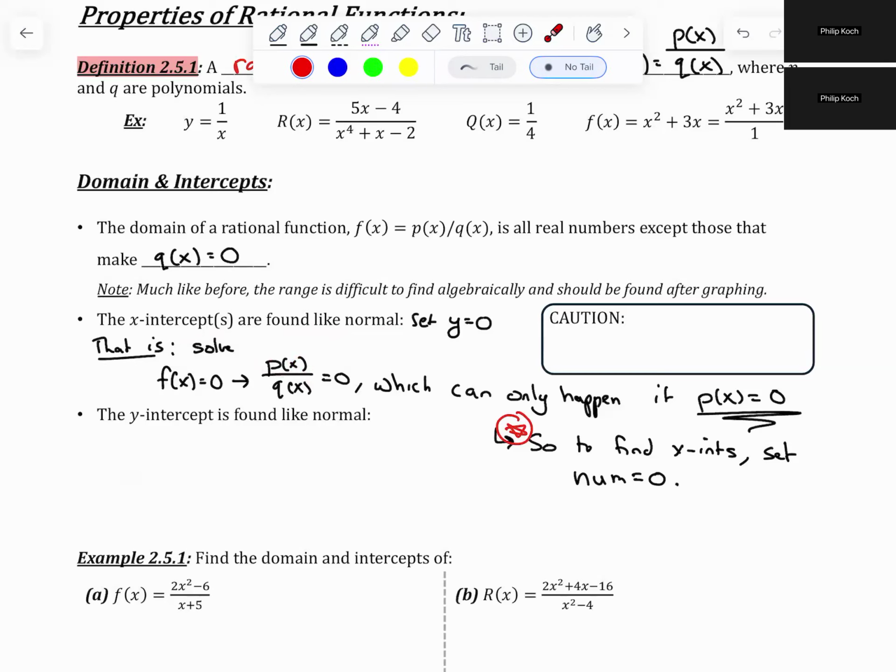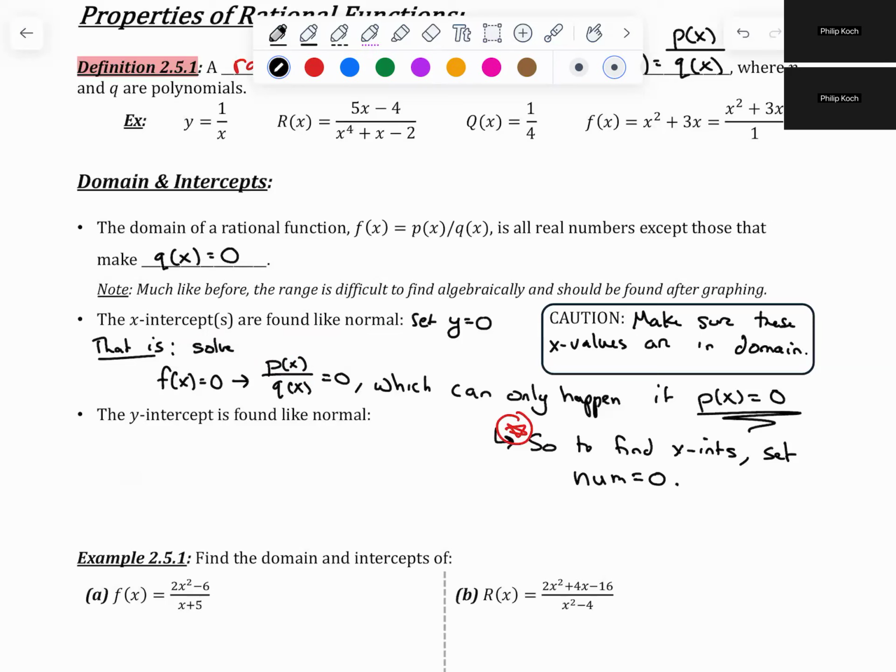Now, a cautionary tale: make sure these x values are in the domain. You'll see an example of this in just a moment in part B of example 2.5.1, why we have to be a little bit cautious. We need to proceed with caution because there are problems that can arise.